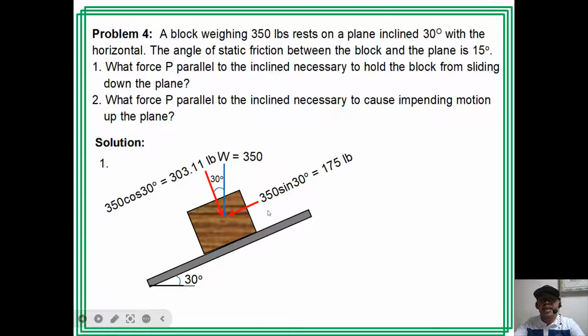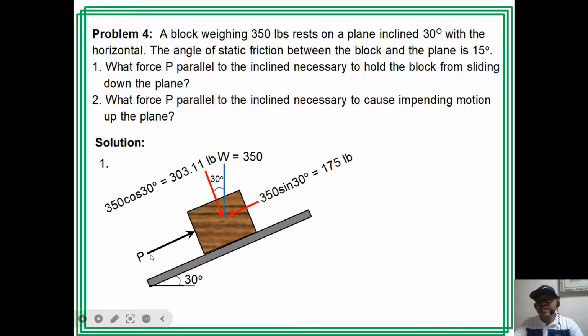So the possibility here is that the block will slide down the incline, meaning our friction is in the opposite direction to the possible motion. Then we also have our P. We are asked for P, the value of P parallel to the incline necessary to hold the block from sliding.